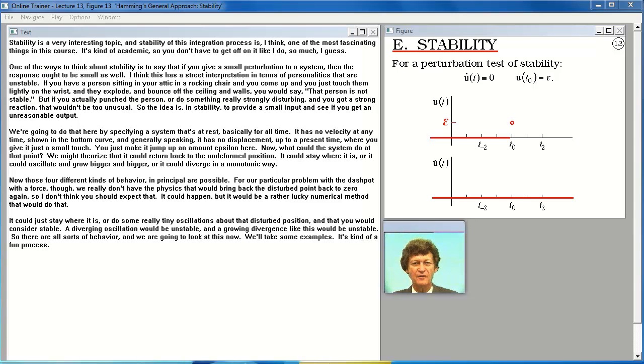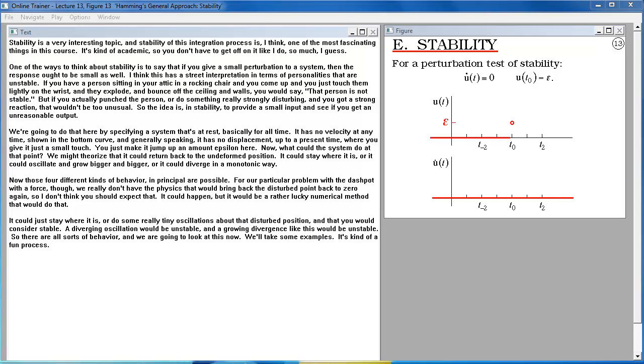Stability is a very interesting topic, and stability of this integration process is, I think, one of the most fascinating things in this course. It's kind of academic, so you don't have to get off on it like I do so much, I guess. One of the ways to think about stability is to say that if you give a small perturbation to a system, then the response ought to be small as well.